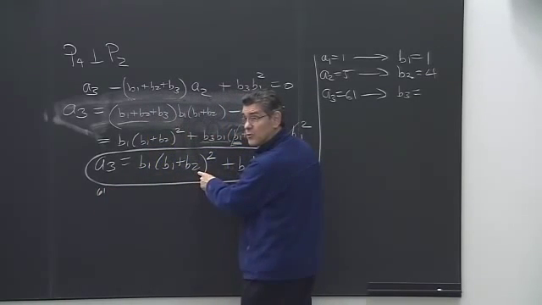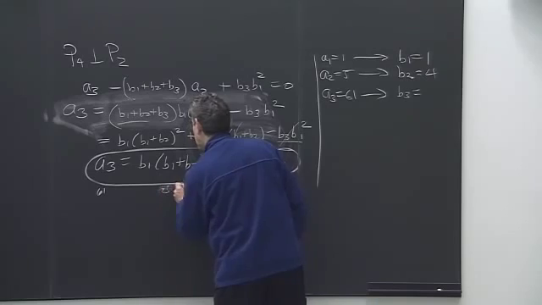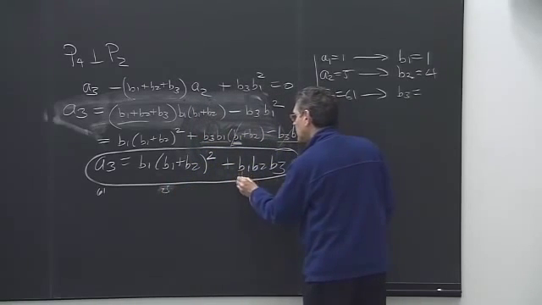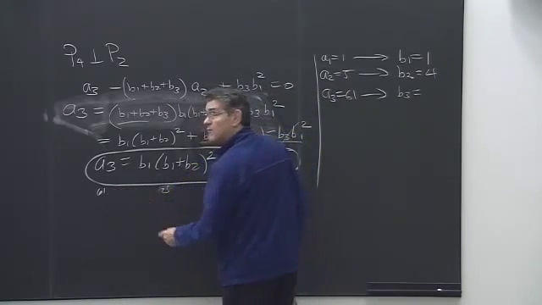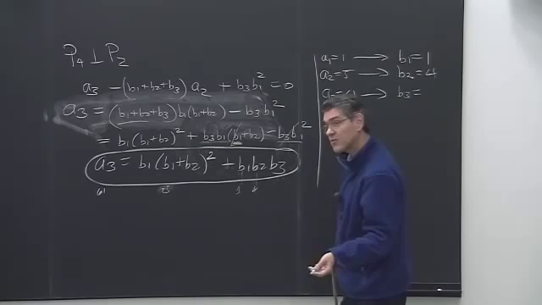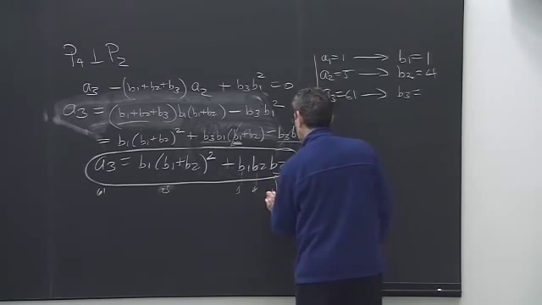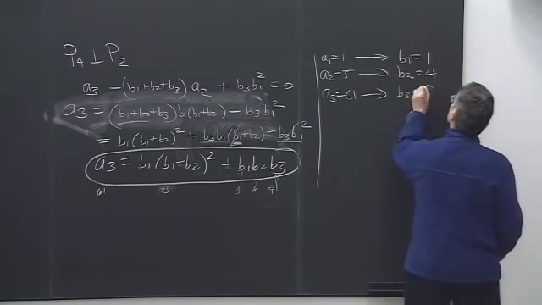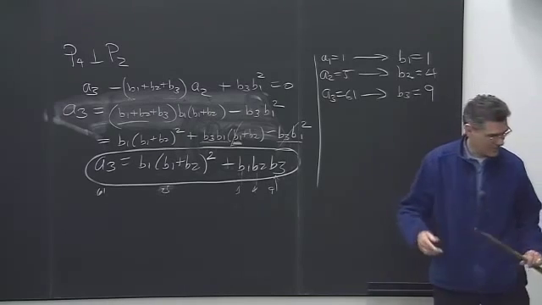B1 plus B2 squared would be what? 25. And B1 here is 1. B2 is 4. So if you take 25 away from 61, you get 36. And you divide by 4, which leaves 9. Okay, so B3 is 9.